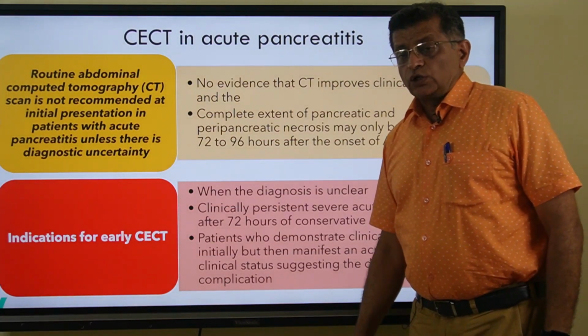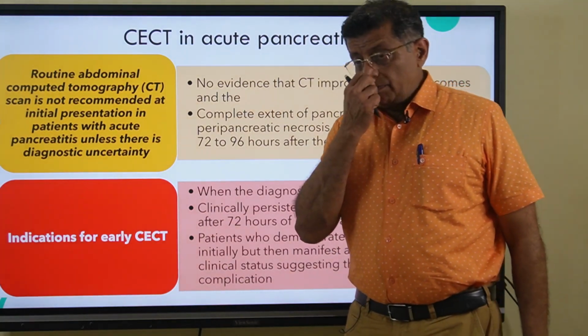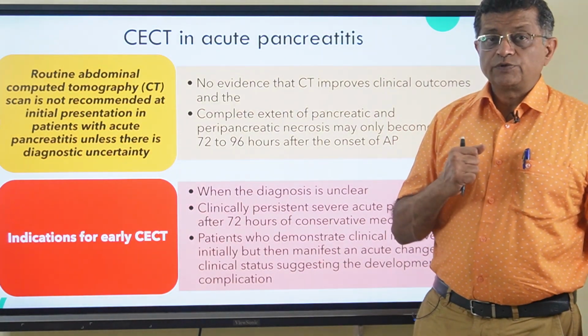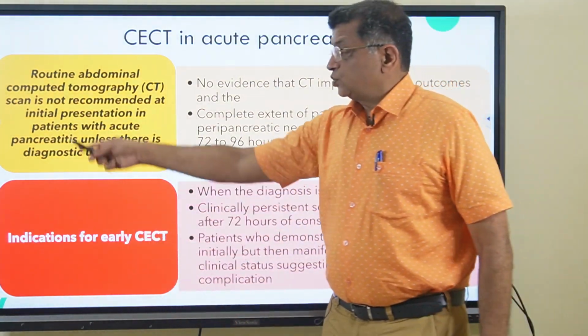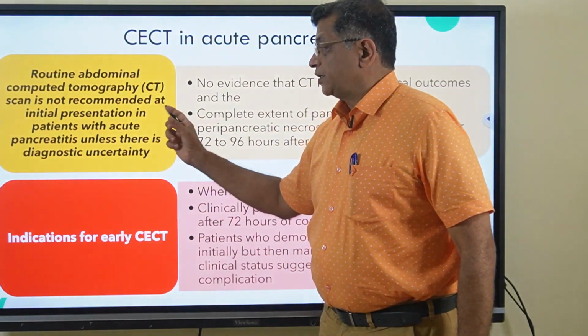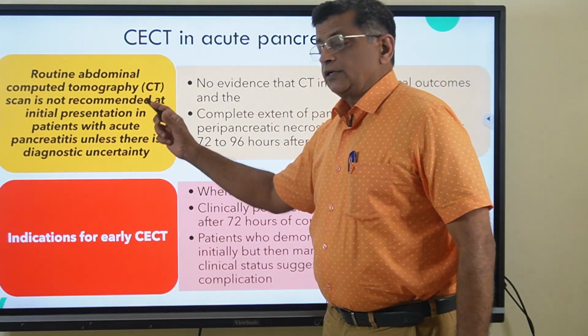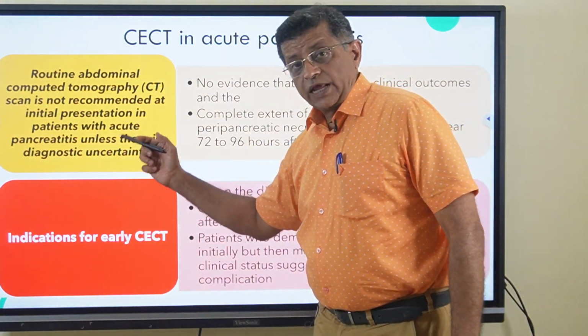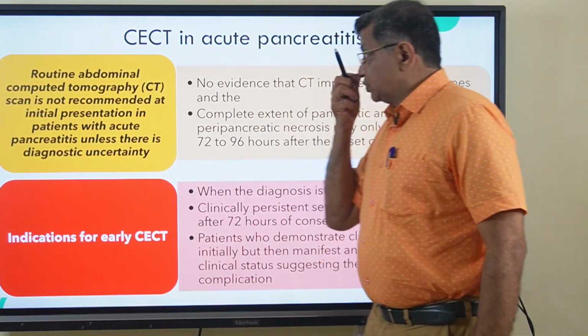Now there are also criteria on CT scan, but do we get a CT scan first of all at presentation in patients with acute pancreatitis? The answer is that routine abdominal CT is not recommended at initial presentation in patients with acute pancreatitis unless there is diagnostic uncertainty. Why?